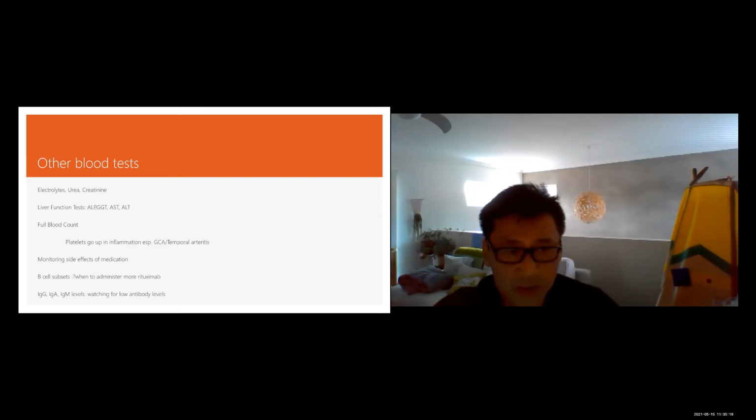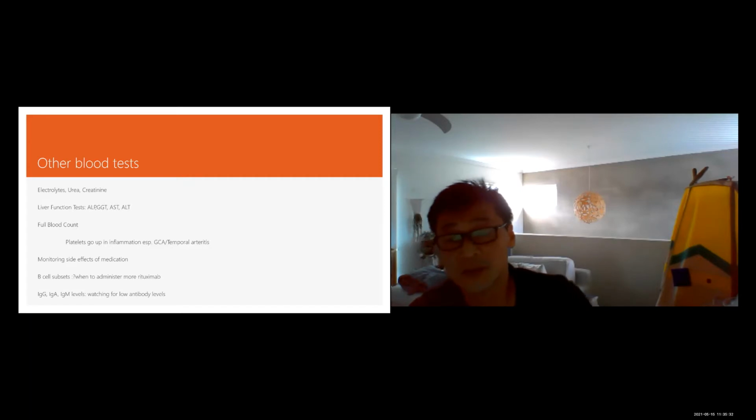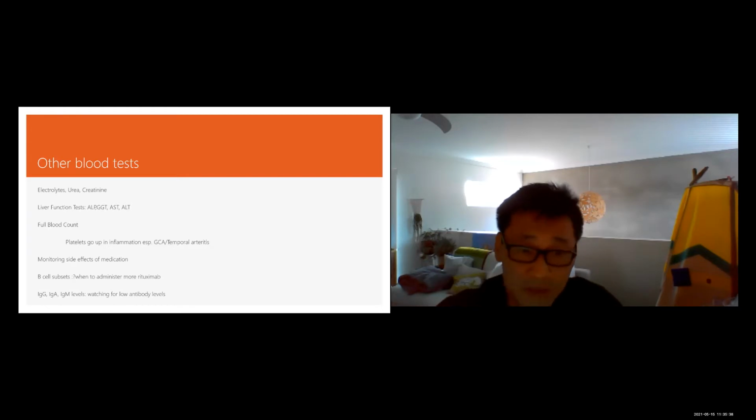The liver functions: people can have vasculitis in the liver, but less so. However, I routinely perform the liver function tests such as ALP, GGT, AST, and ALT to determine any potential side effects of the medications we're providing. Because medications can cause adverse side effects, it's important to monitor those side effects and whether we need to change medications depending on that.